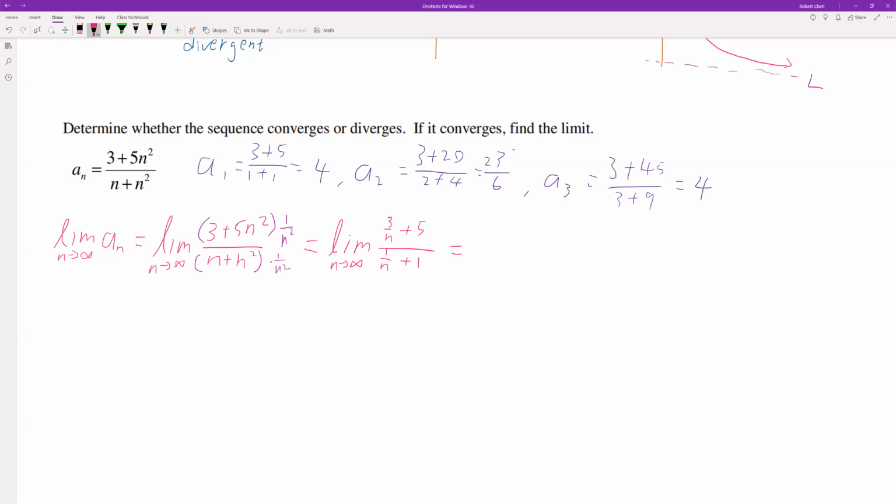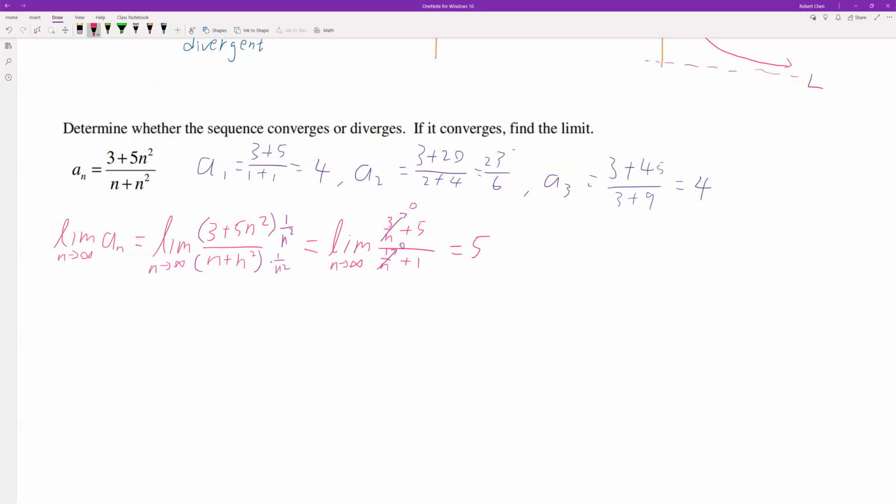And in this case, once you take the limit as n approaches infinity, the 3 over n term is going to go to 0, and the 1 over n term is going to go to 0, leaving you just 5 over 1. And that's how we can get the limit of 5.